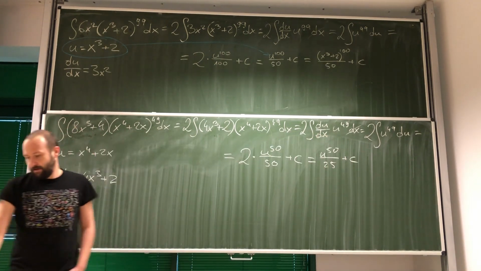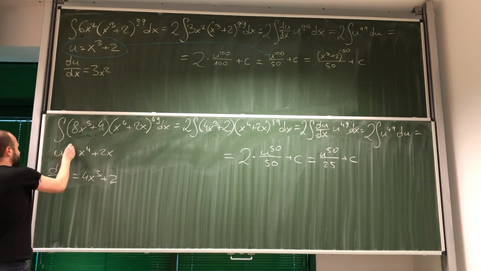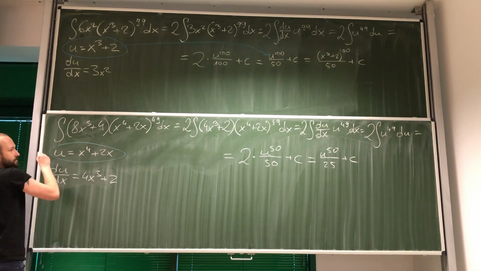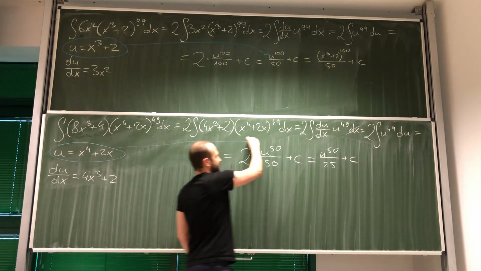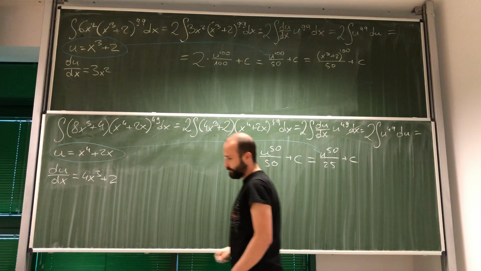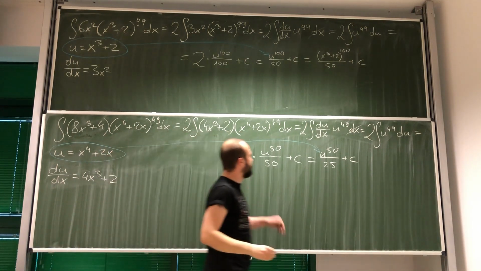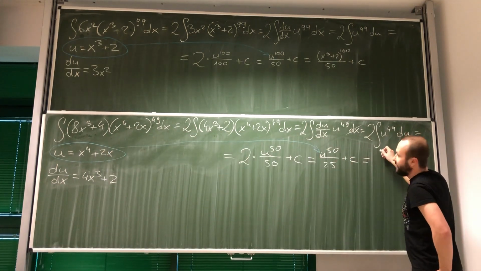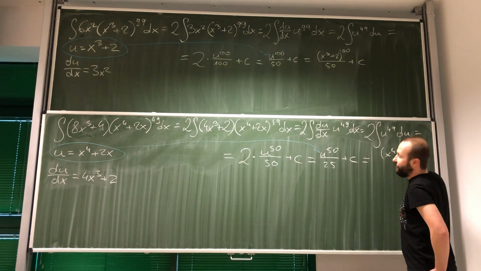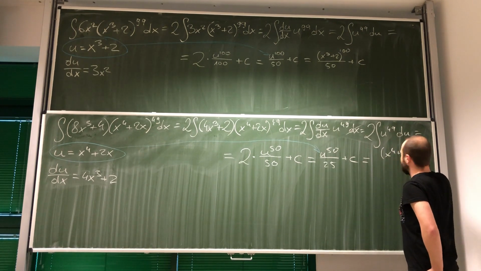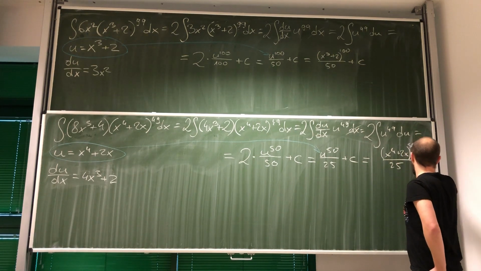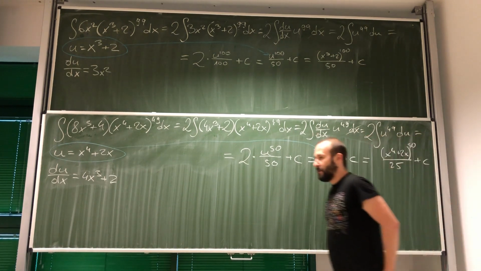And again, the only thing left we have to do is to substitute back for u, and we receive the answer that this is x to the power of 4 plus 2x to the power of 50 divided by 25 plus c.